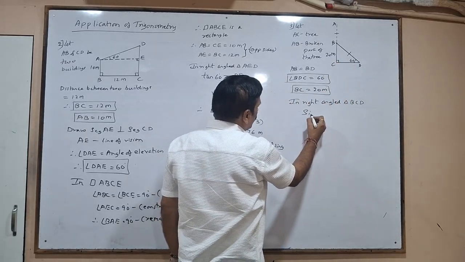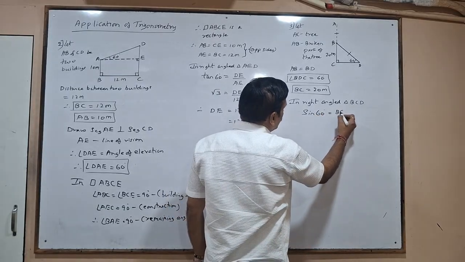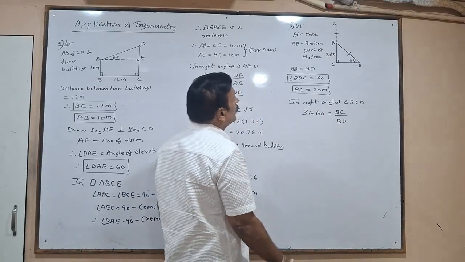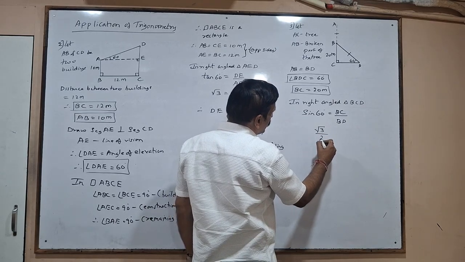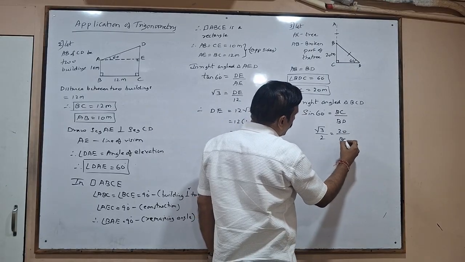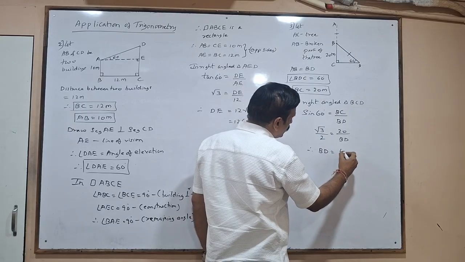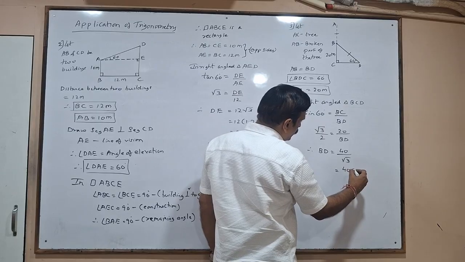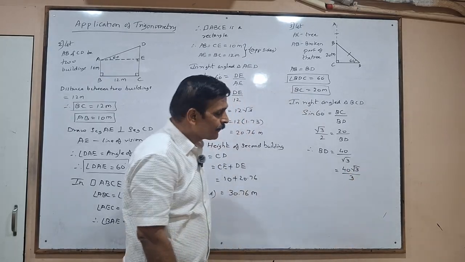So obviously I will apply sine 60, which will be BC upon BD. Sine 60 value is root 3 upon 2. BC is 20 upon BD. So BD is equal to 40 upon root 3, which is 40 root 3 upon 3.